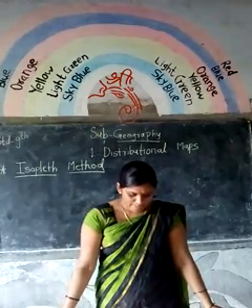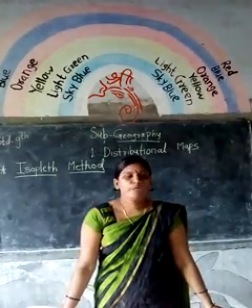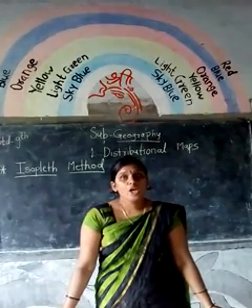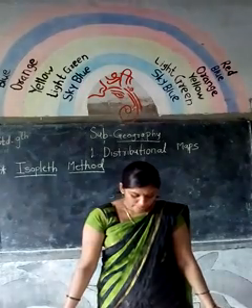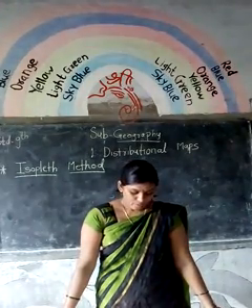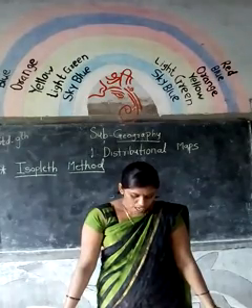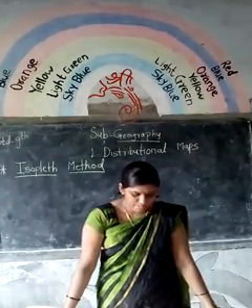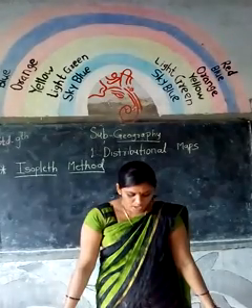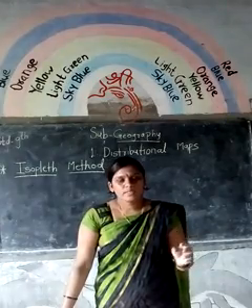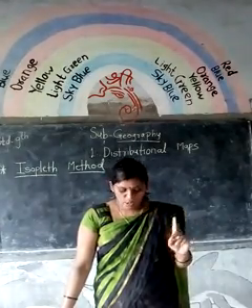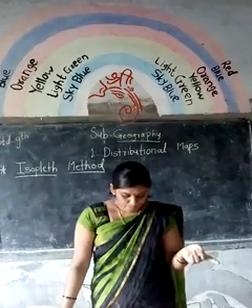isopleth maps are prepared using the steps below. These steps are important for preparing isopleth maps. First, consider the highest and lowest values of the variable.